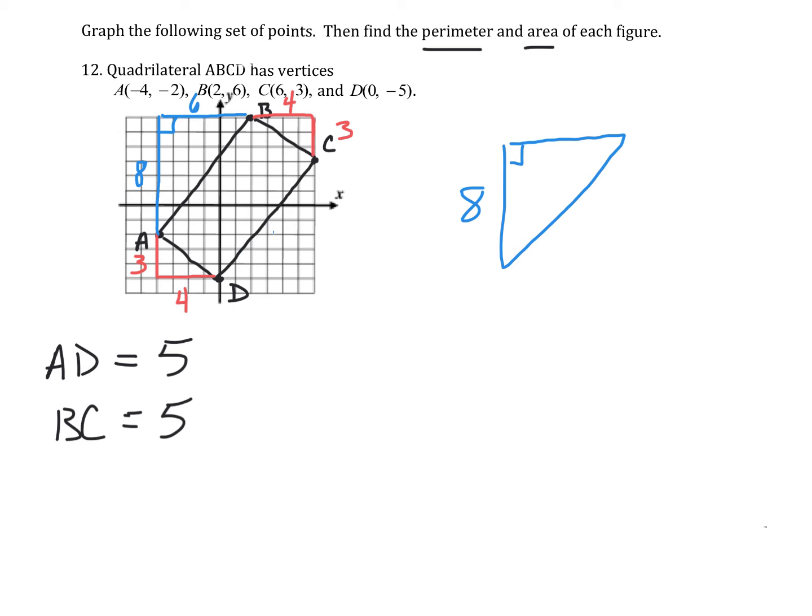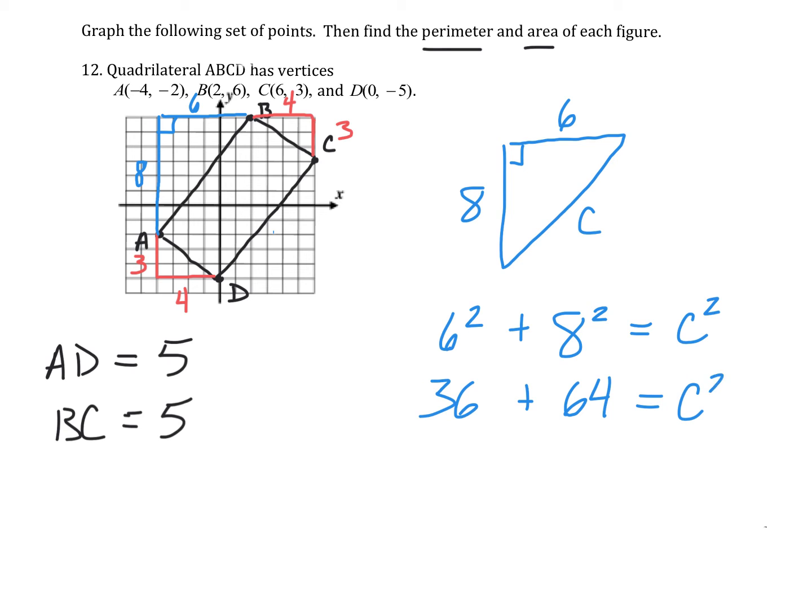We have 8 for our height, 6 for our base, and once again, I'm using the Pythagorean theorem to solve for my hypotenuse. 6 and 8 are my legs, and I'm looking for c. Well, it looks like we're going to end up with 100 equals c squared. So in this case, c is going to be 10. So now I have another length, AB, which is 10.